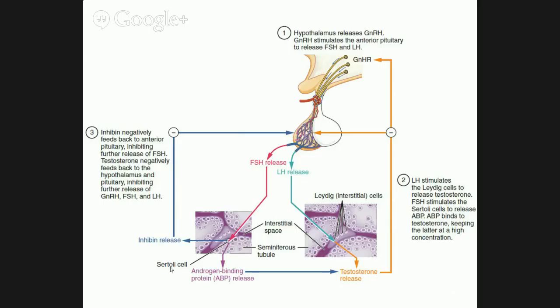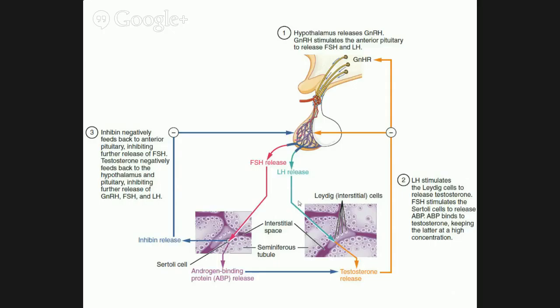The cells that are sensitive to FSH are called Sertoli cells, or sustentacular cells. Other sources will call them nurse cells. There's a few different terms for them. But they're sensitive to FSH, which helps stimulate sperm production.